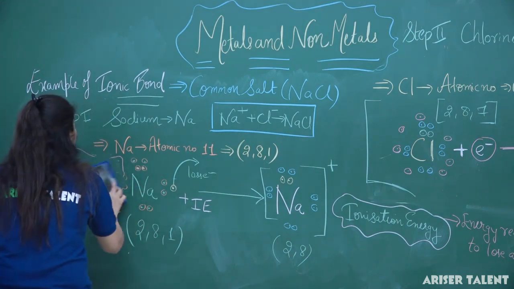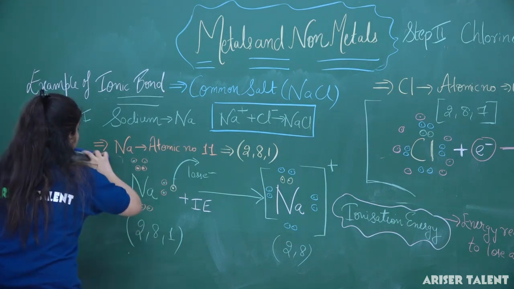So electron gain enthalpy is basically the energy required to gain an electron.